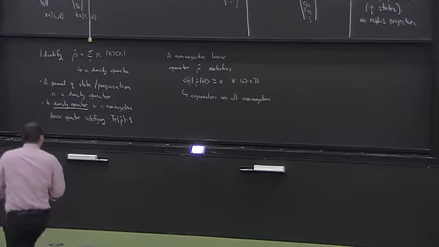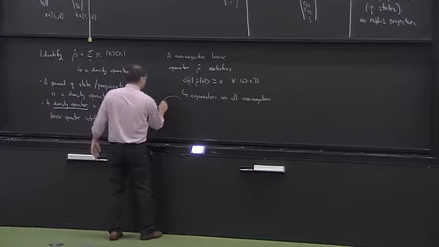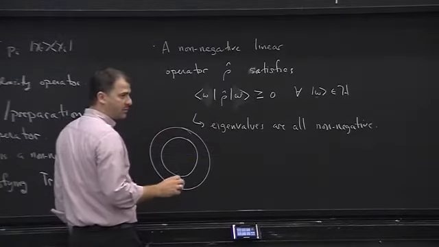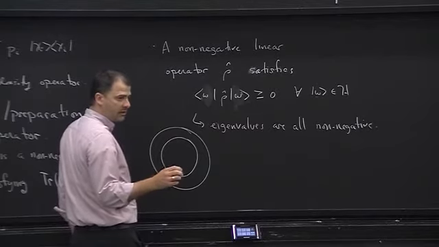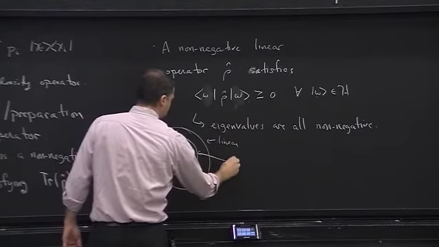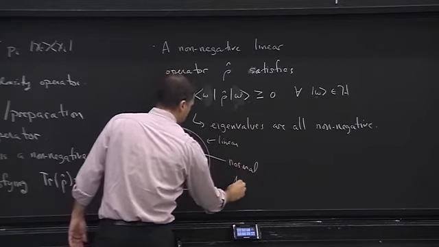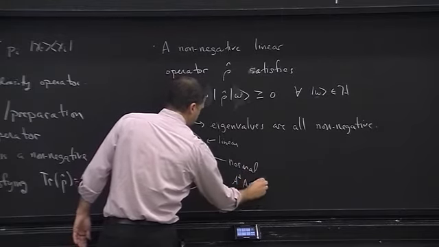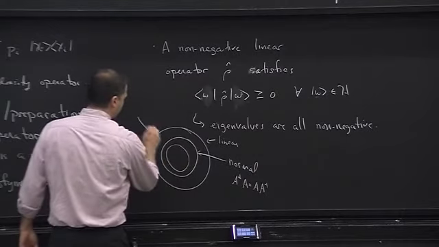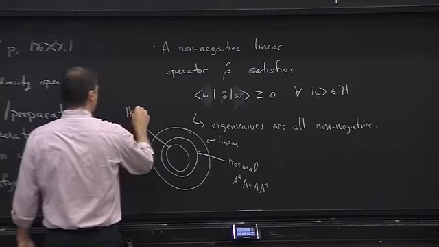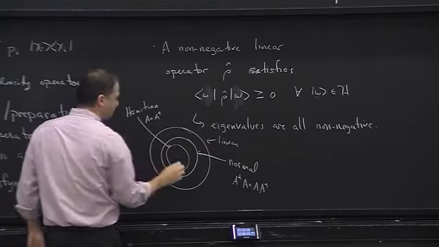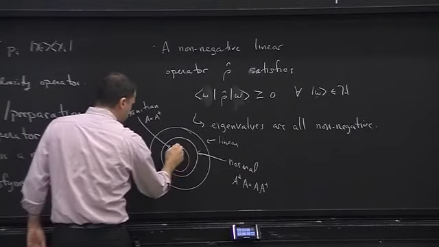So what I'm claiming is the following: you have your linear operators, and then you have normal operators, which satisfy A dagger A equals A A dagger. And then inside that, you have Hermitian, which is that A equals A dagger. And then most people don't know this, but inside of that, you have self-adjoint.